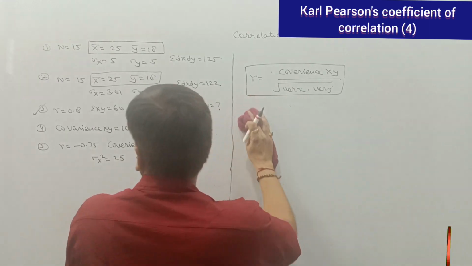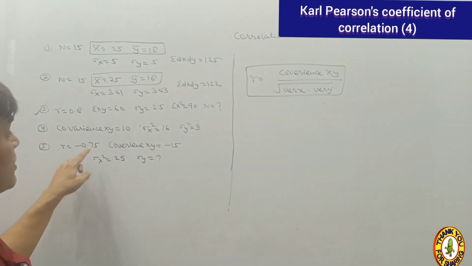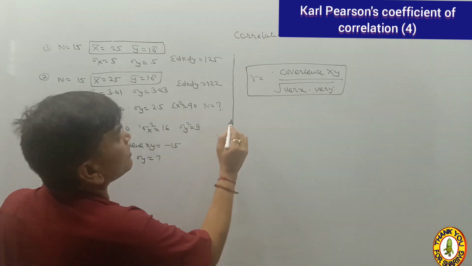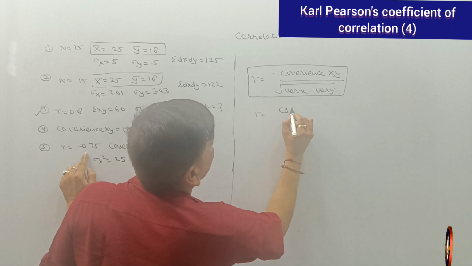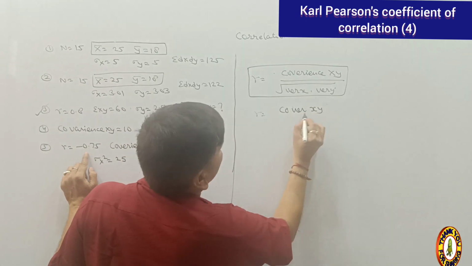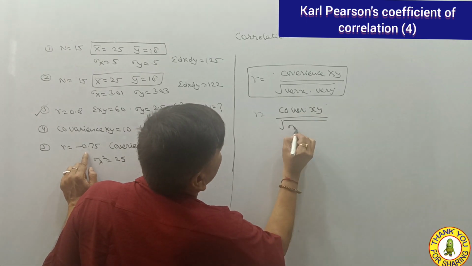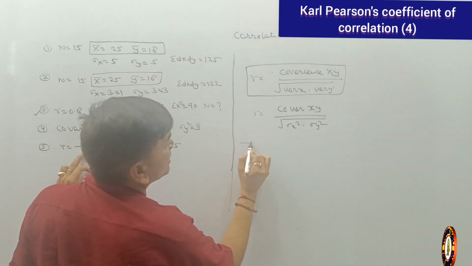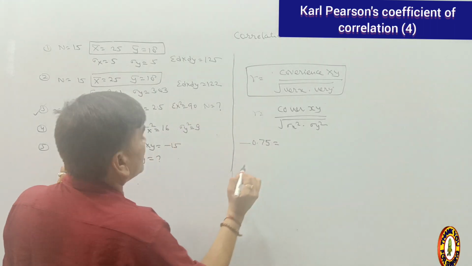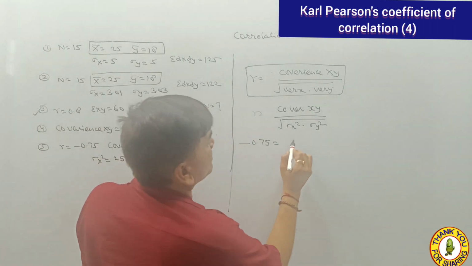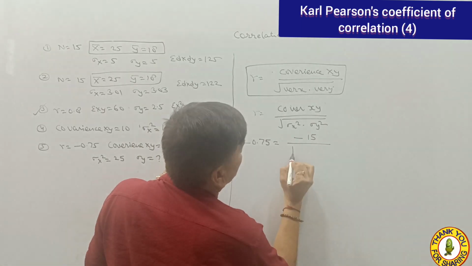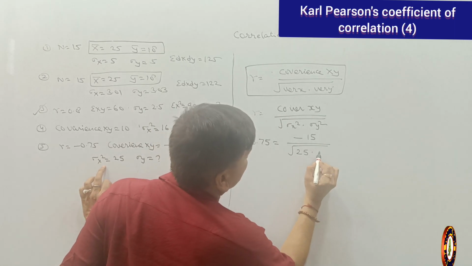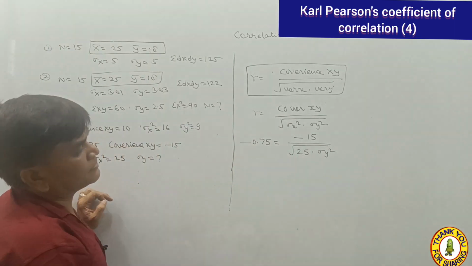In question number 5, value of r is given, covariance is given, standard deviation x is given, standard deviation y is asked. So putting the value, r is equal to covariance of xy divided by standard deviation x raised to power 2, standard deviation y raised to power 2. This is the formula. So value of r is minus 0.75. Covariance of xy, that is minus 15, divided by standard deviation of x raised to power 2 is 25, and standard deviation of y square we have to calculate.